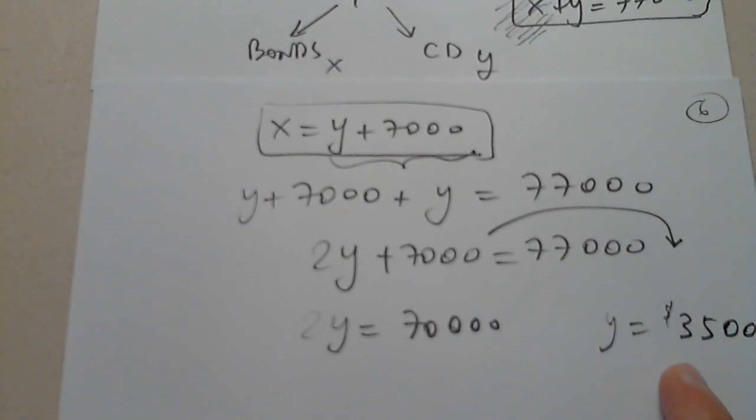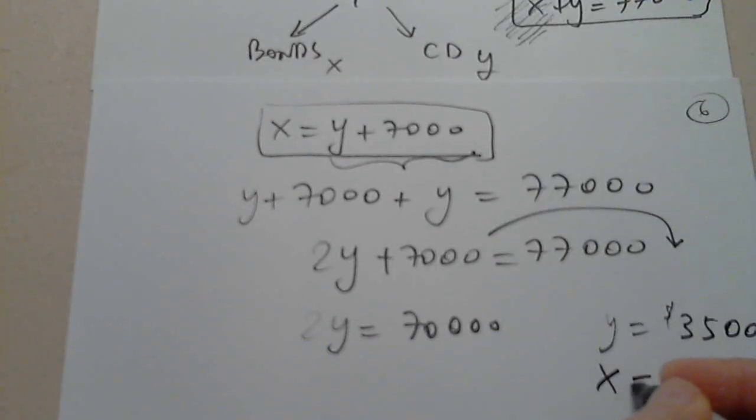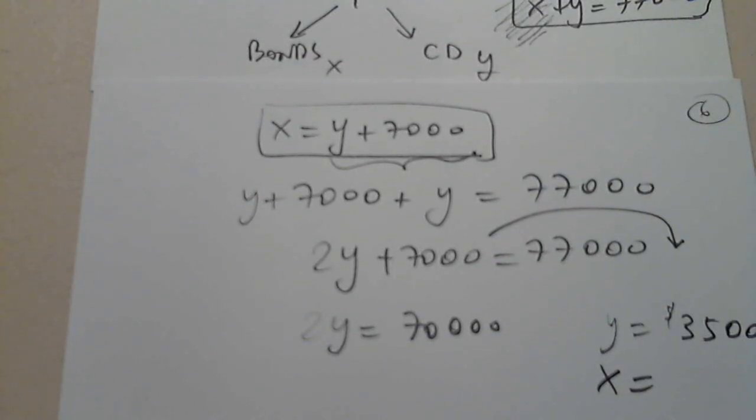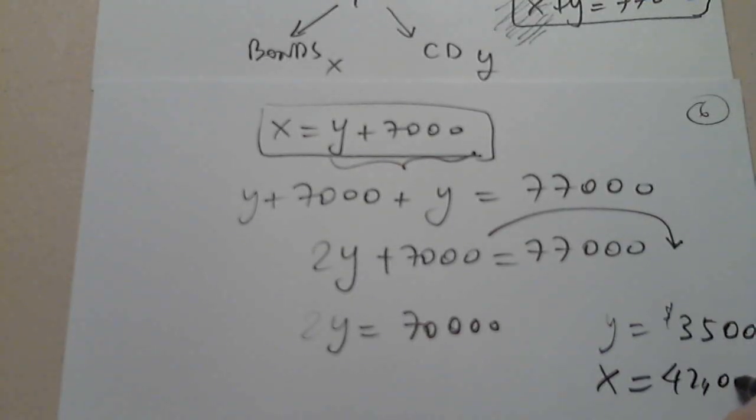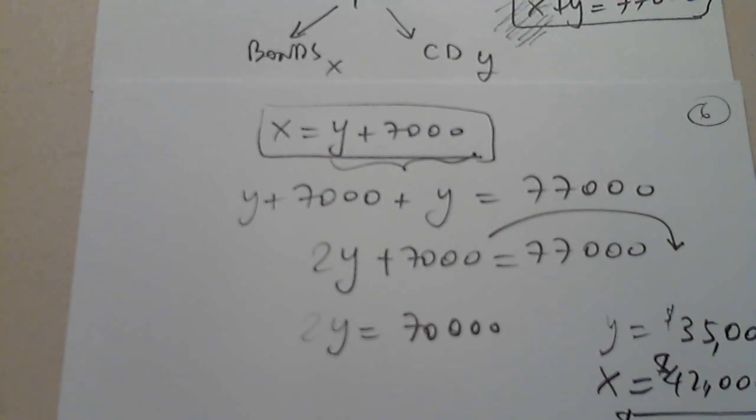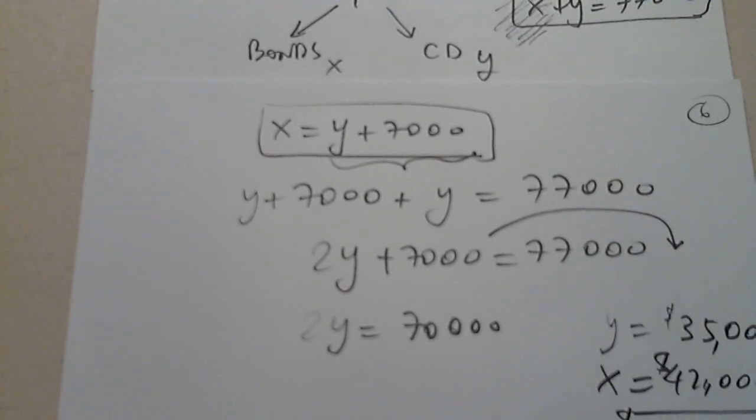If y is 35, how much is x? 42,000. If the sum is not 77,000, I know something is wrong. I have to go back to the drawing board. But the sum is 77,000. Any questions?